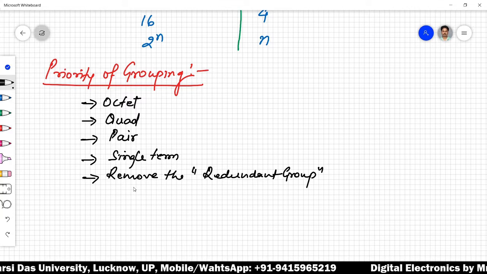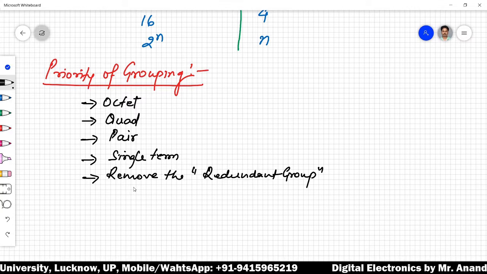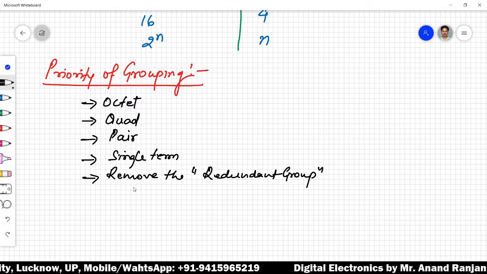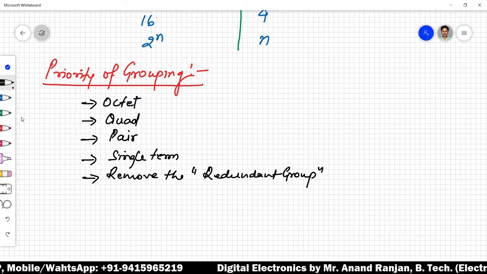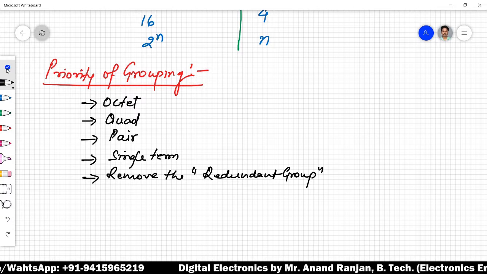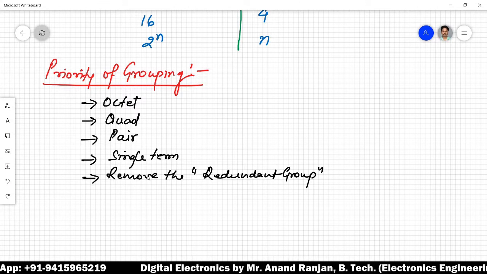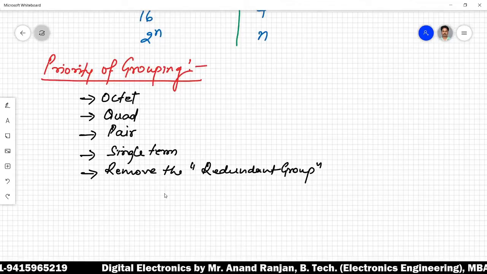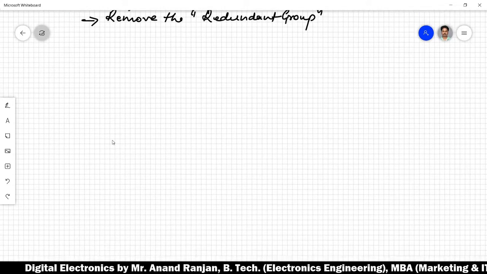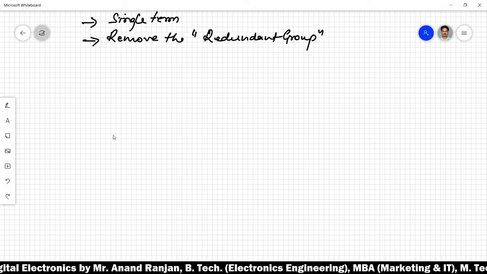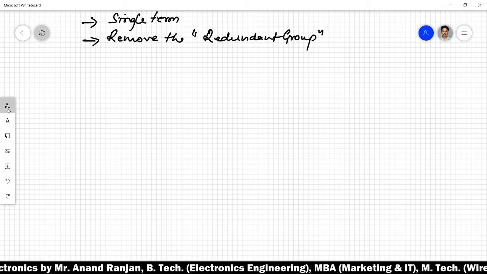A group where all the cells are also grouped by the adjacent group. All right, so this is all about the basic concept related to the Karnaugh map, and let us now try to understand this Karnaugh map K-map simplification with the help of one example.